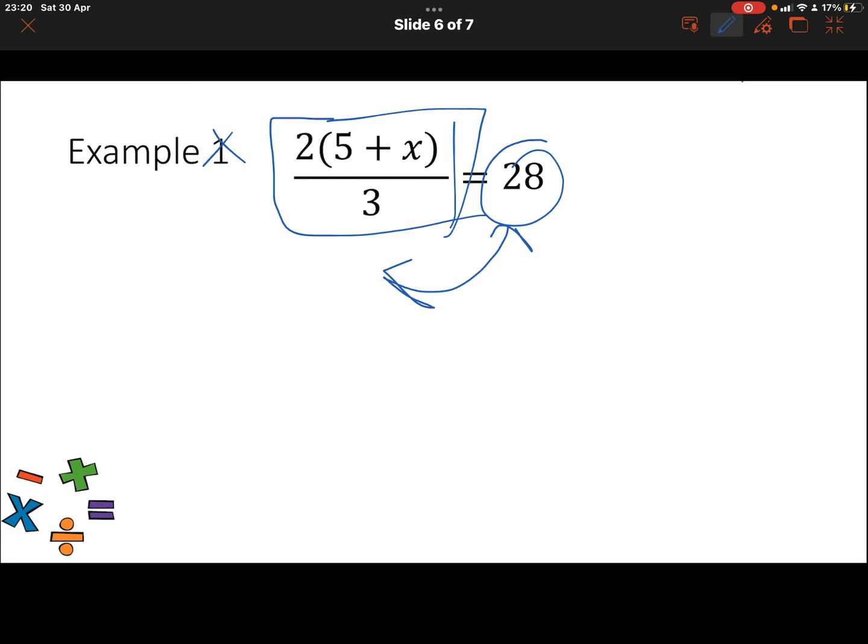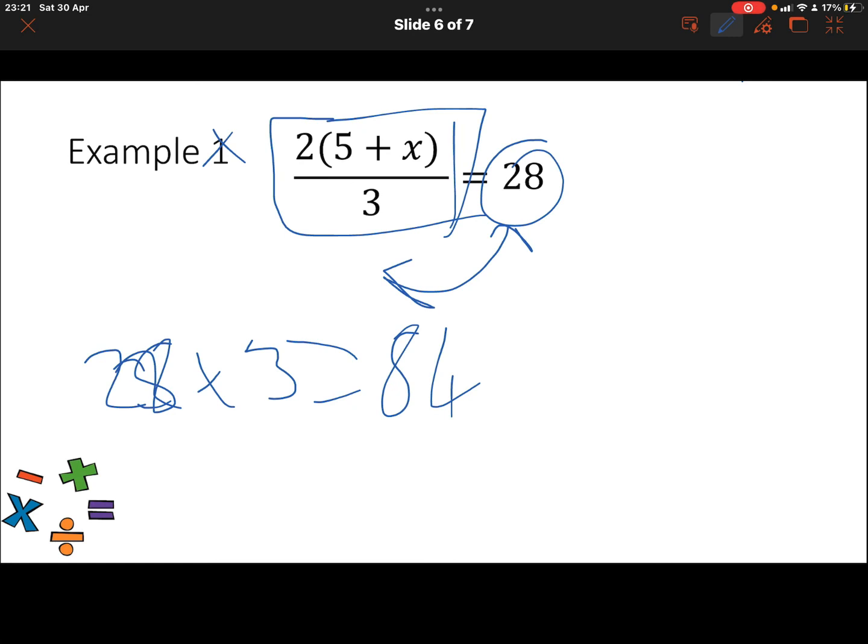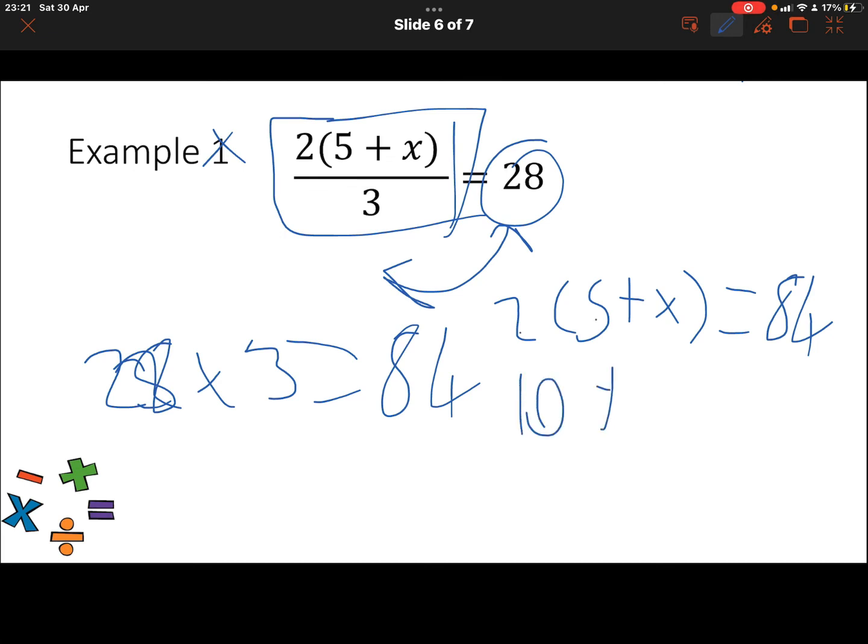So 28 times 3, which equals 84. So we now know that 2 bracket 5 plus x equals 84. So we can now do our expanding brackets. 2 times 5, 10, plus 2 times x, 2x, equals 84.